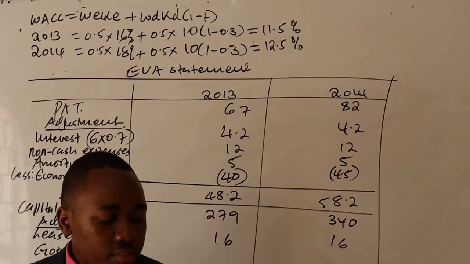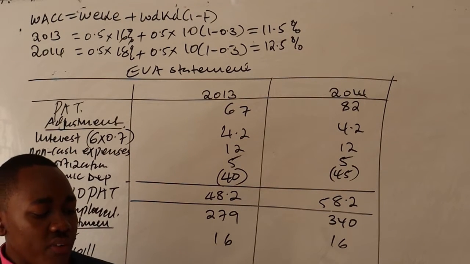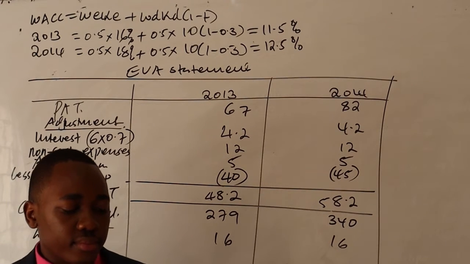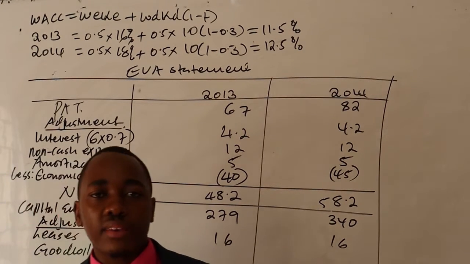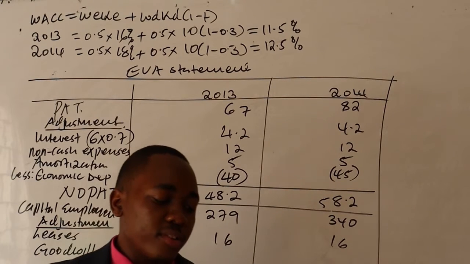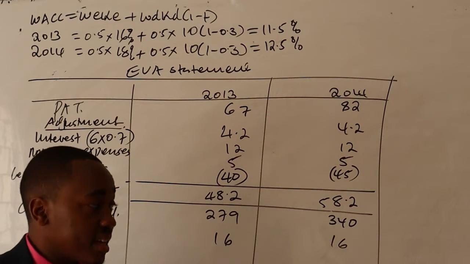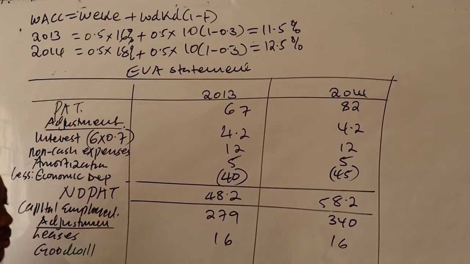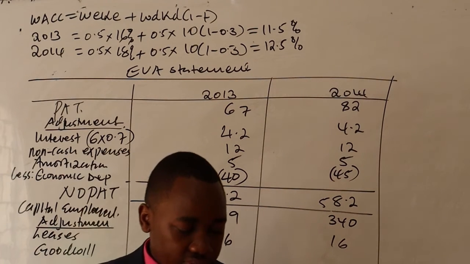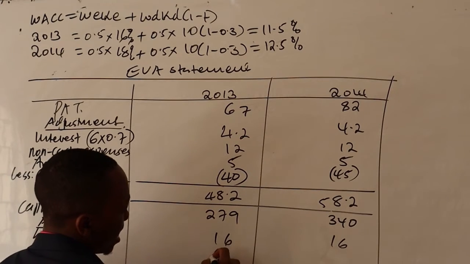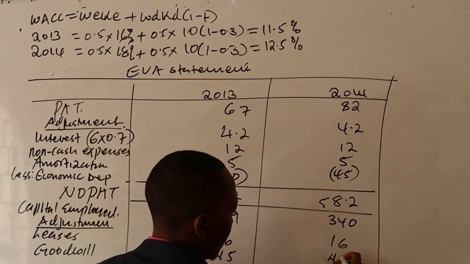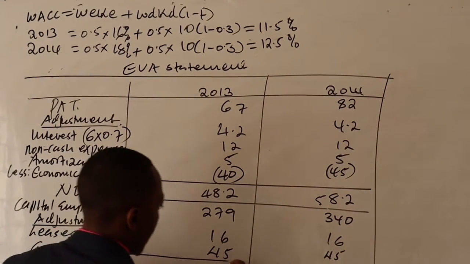The amount of goodwill written off against reserve on acquisition prior to year 2013 amounted to 45. That was the goodwill written off. So what does that mean? We add back 45.